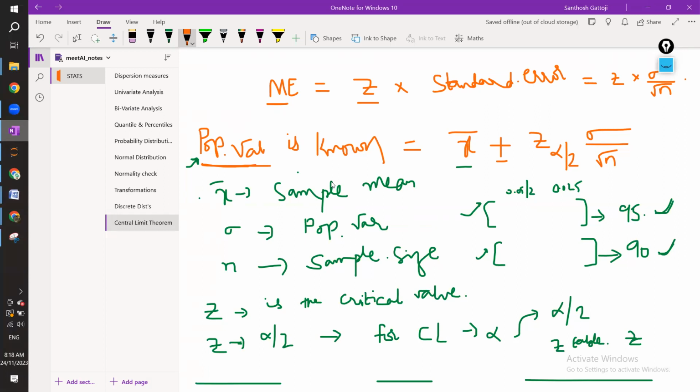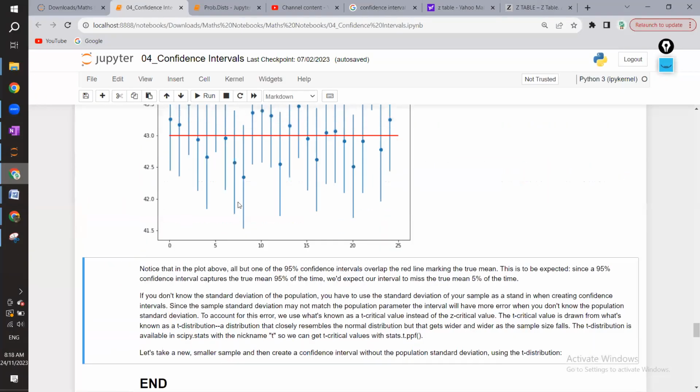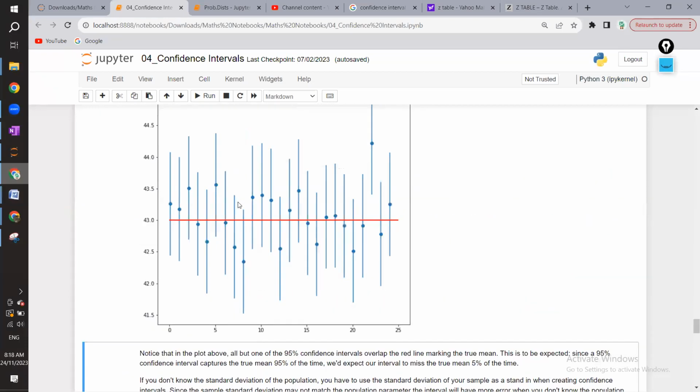As I said, there are two scenarios, population variance known and not known. Known, I've shown you clearly regarding the formula and the example also.